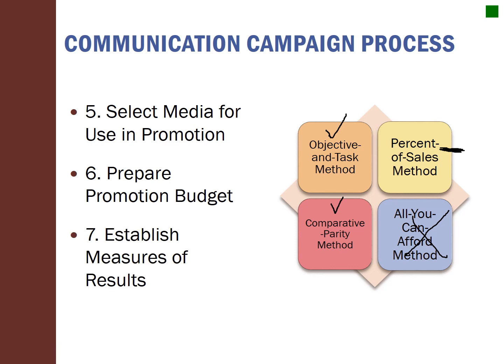Okay, and the last thing that we talked about was establishing measures and identifying the results of the actual campaign. So again, we base these measures on our goals and objectives, and we want to measure how effective our campaign is in relation to those goals and objectives.